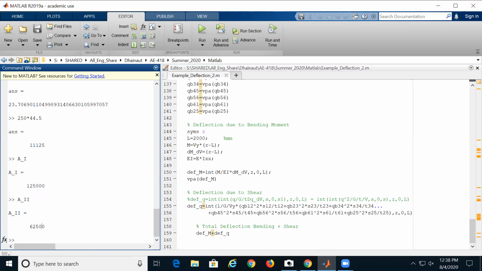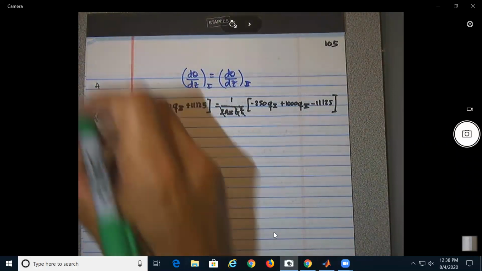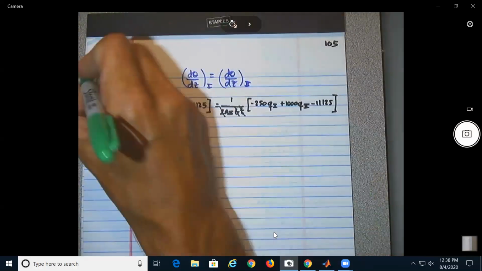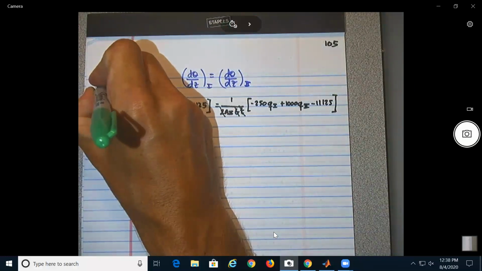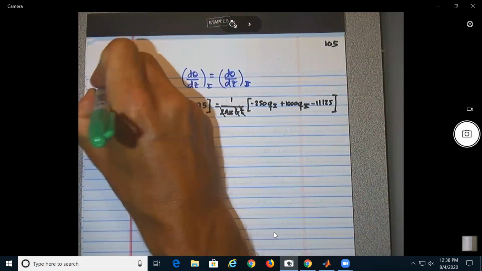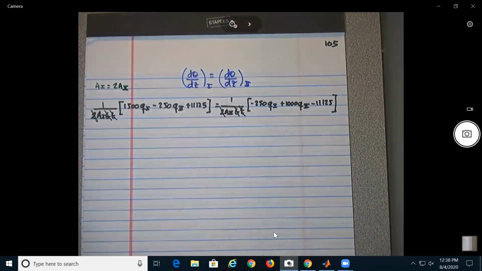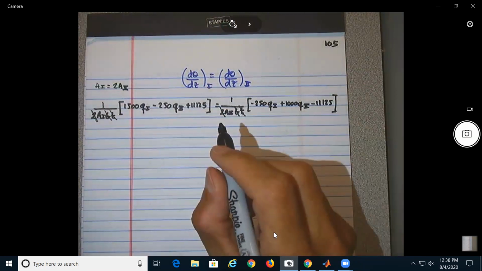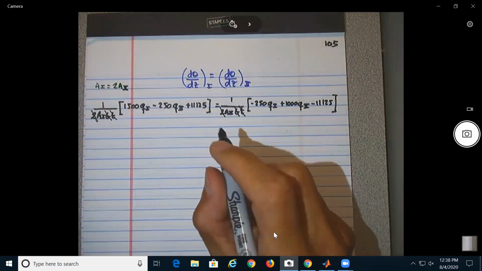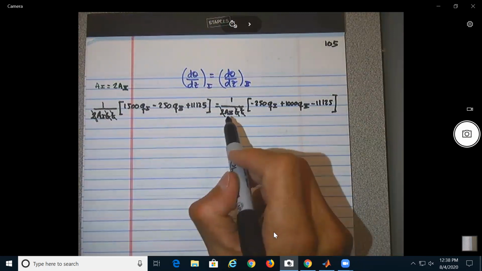So we simplify everything by 2 A2, we eliminate the A2.